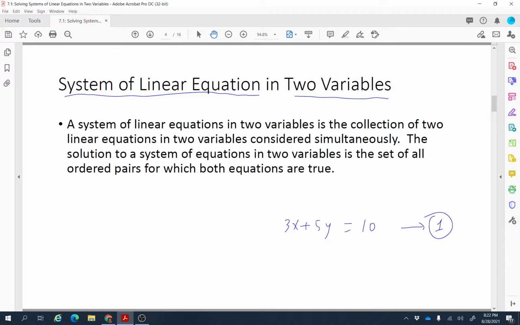Because there are two variables, if you would like to find the solution, meaning the values of x and y, you need at least two equations in those two variables: 5x plus 3y equals maybe 15. These two equations combined we can call a system of equations in two variables. Our goal is to find x and y such that they satisfy both of these equations.